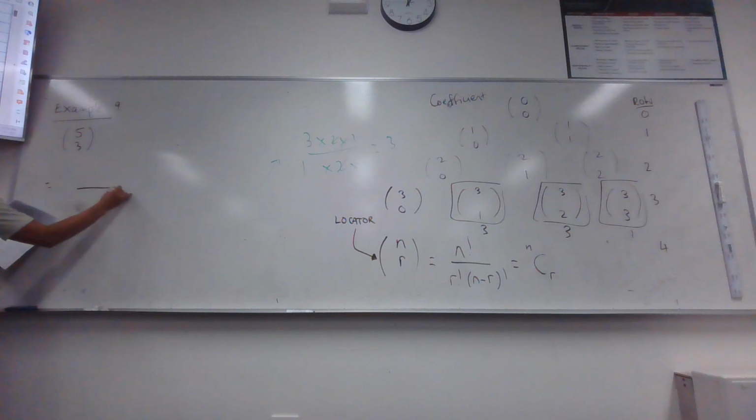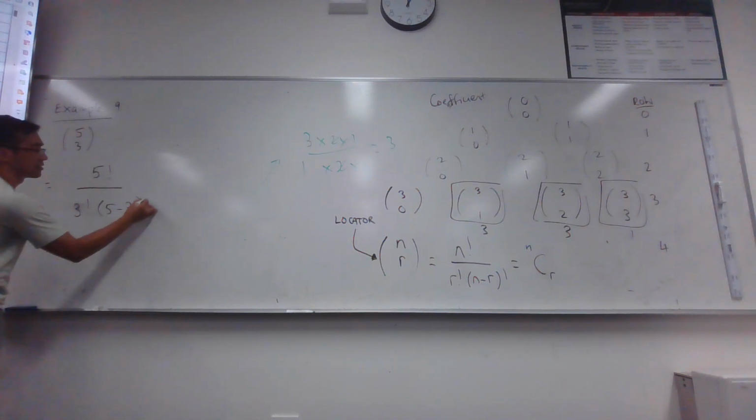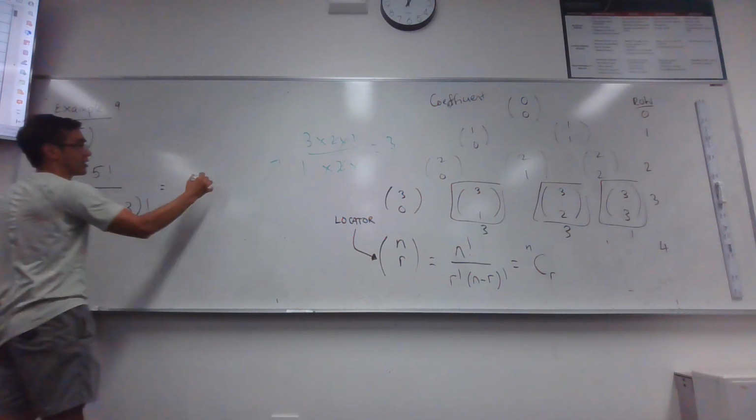What's on top, Charlie? It's a 5 factorial. On the bottom is a 3 factorial. And inside, nice and slow, 5 minus 3.